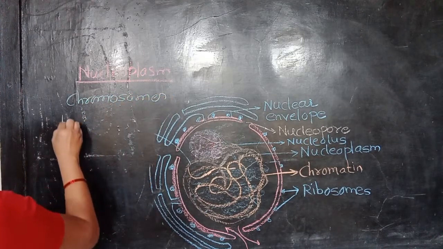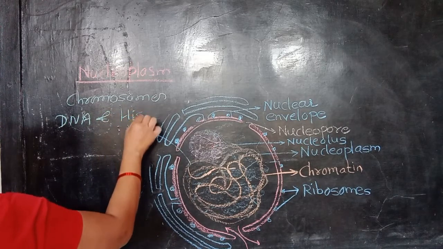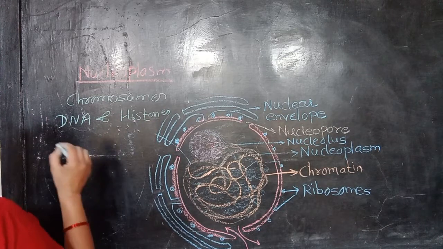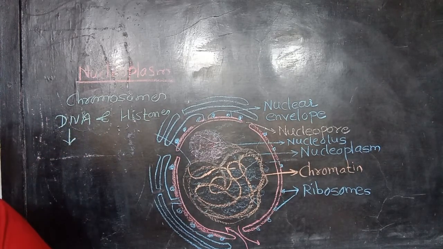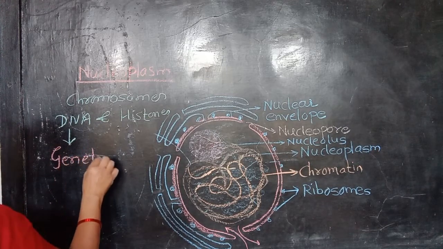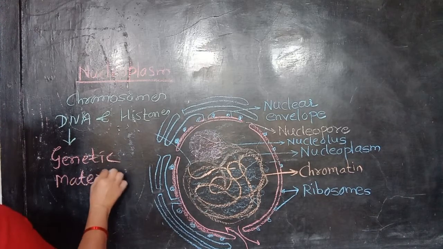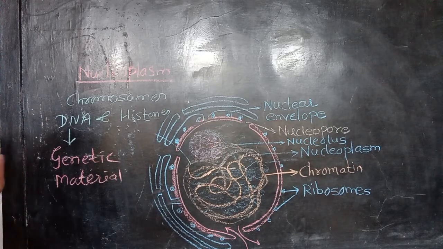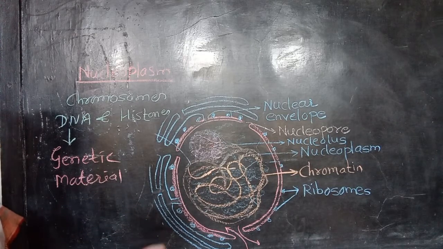Chromosomes are made up of DNA and histone. And DNA, that is deoxyribonucleic acid, is genetic material. DNA is hereditary material which carries genetic information from one generation to the next generation.